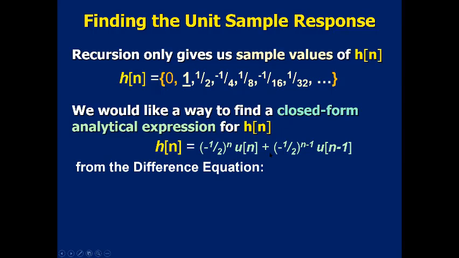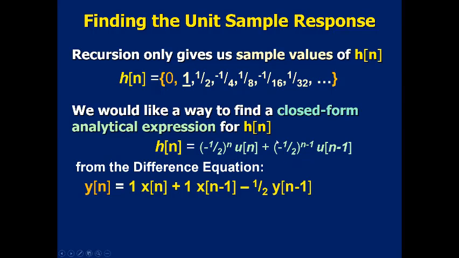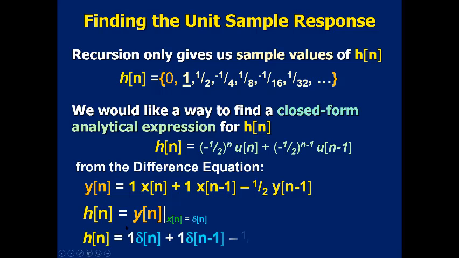Now I'd like to arrive at this starting at the difference equation. And I can't get there like I can with the FIR systems, the non-recursive systems, where all I have to do is make that simple substitution. Let y of n be h of n, let x of n be delta sub n, and it begins looking promising.